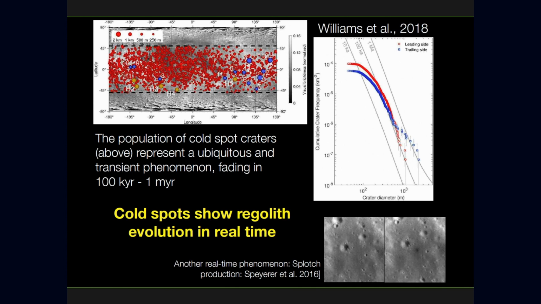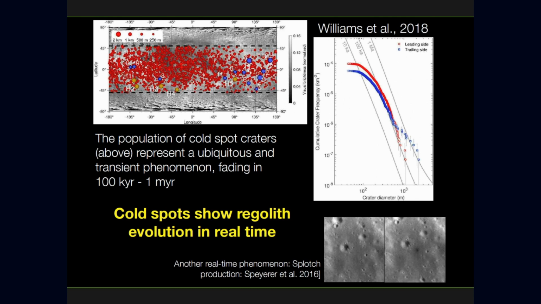The conclusion here is that they represent a ubiquitous and very transient phenomenon. They fade on the order of 100,000 to 1 million years. So the important upshot here is that cold spots are regolith evolution happening in real time that we can watch right now.